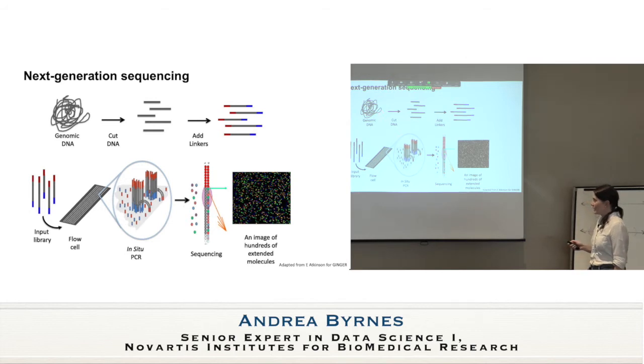This is another schematic that I'll use to get at the how of the sequencing. So you start with genomic DNA, it gets cut up, we already talked about that. It needs linkers in order to interact with the flow cell, which is the piece of technology that this uses. These linkers then bind to locations on the flow cell, and they end up making these little rainbow type structures. So you have the flow cell holding on to the molecule that you're trying to sequence on one side with one linker, and on the other side with another linker.